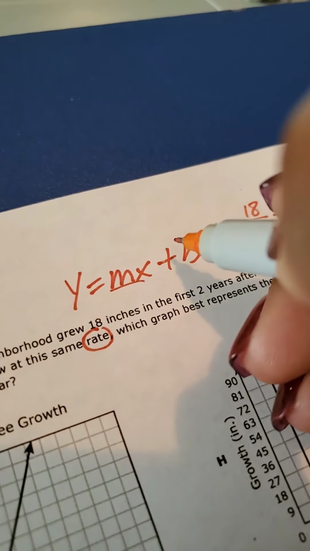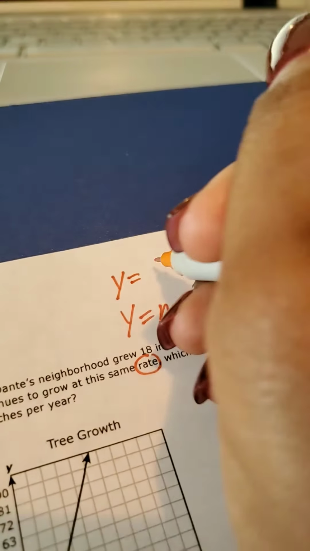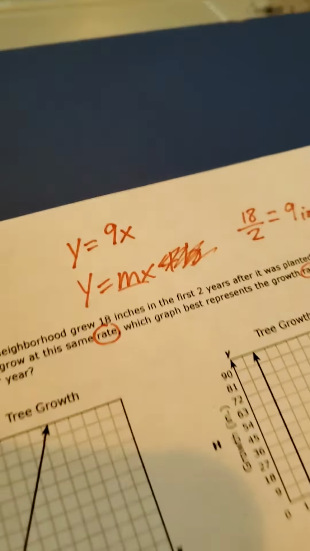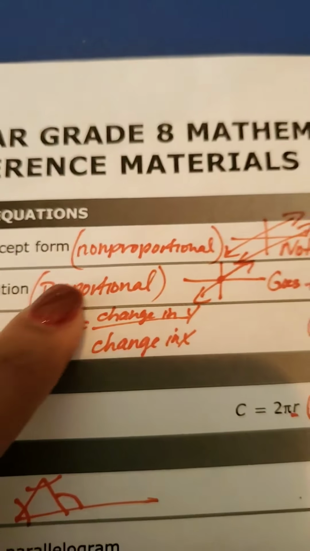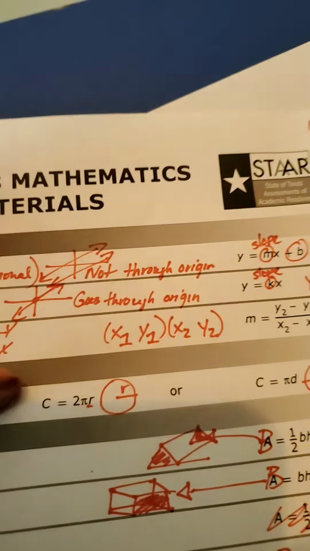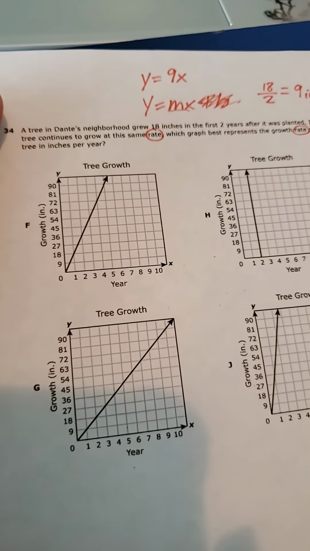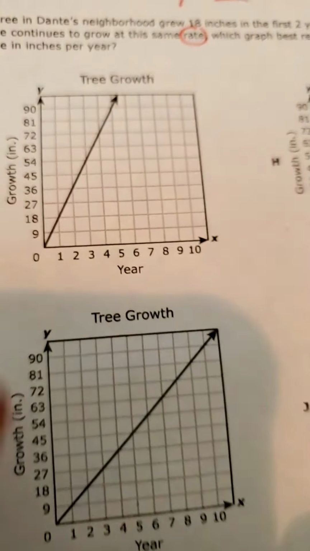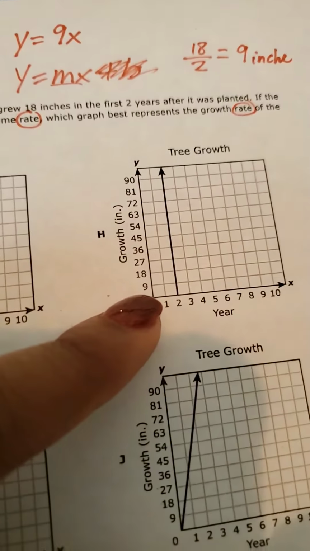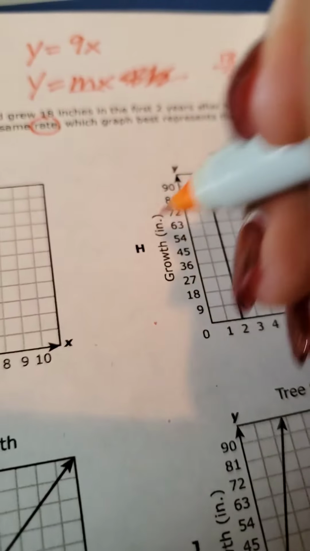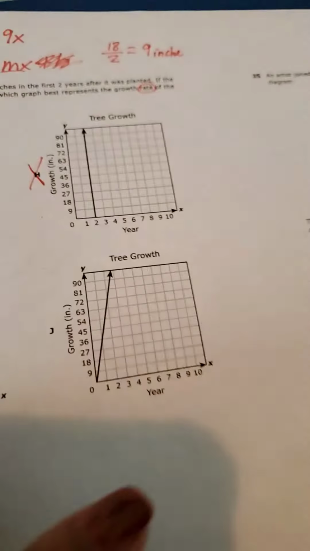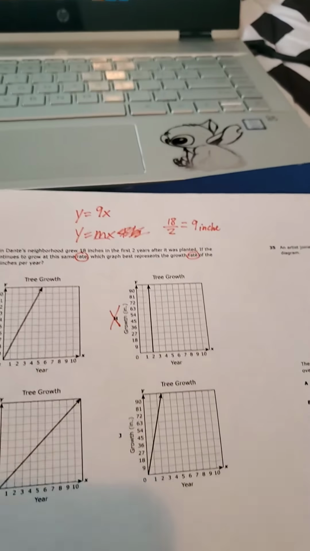So it wouldn't be plus b. It would simply be y equals 9x. I need to remind myself, when it's direct variation, it is proportional. It goes through the origin. All right, I'm looking for the ones that go through the origin. Origin, origin. Not going through the origin. Origin. Okay, I got rid of one.